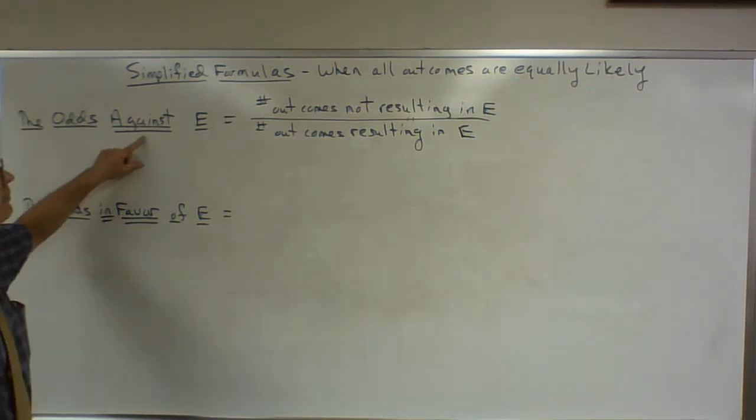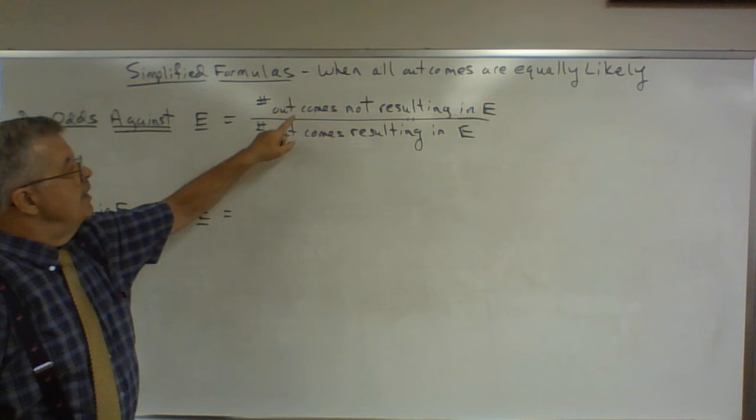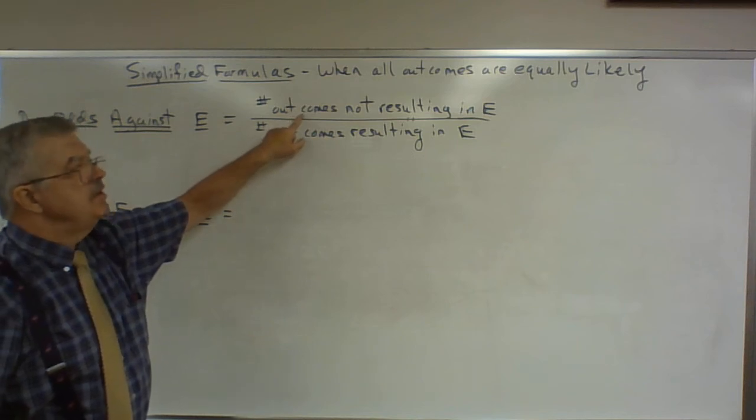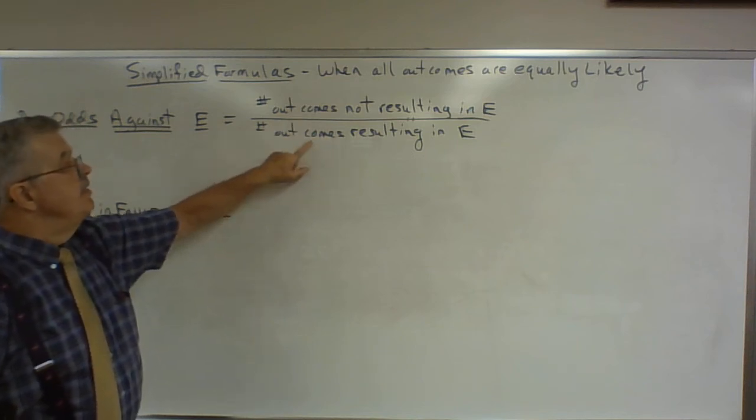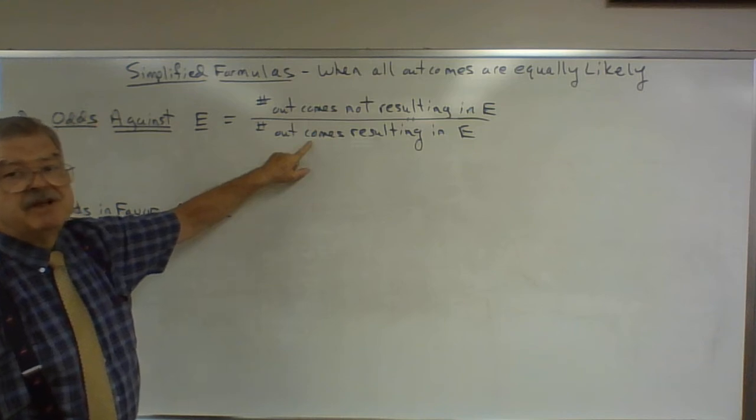The odds against E happening, the number of outcomes not resulting in E goes on top. The number of outcomes resulting in E goes on the bottom.